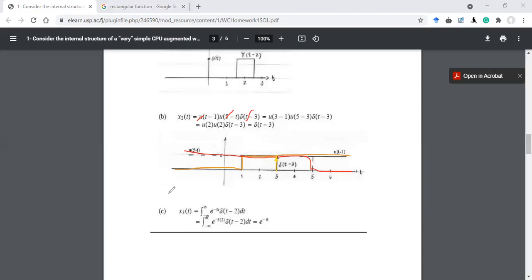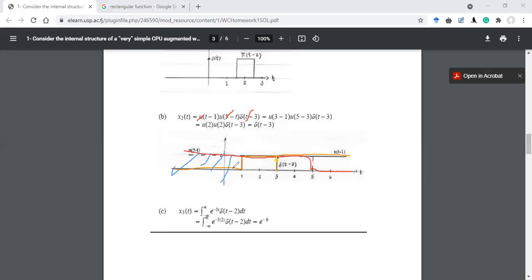Now we start multiplying. For all these values you can see that this is 0, and 0 multiplied by any value gives 0, so there is no value in all this region.